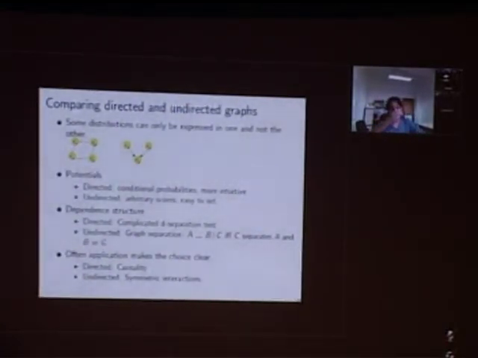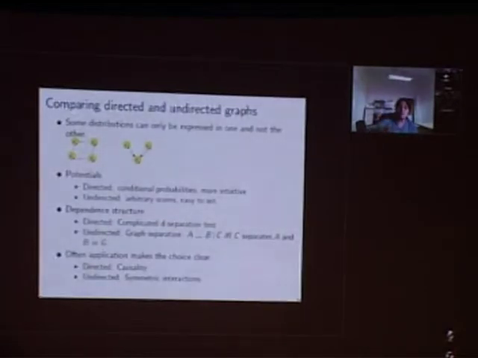For example, if I have a completely connected graph, I might still choose to define the potentials only over the edges of the graph. That is in fact very, very common. A very popular kind of undirected graphical model is what is called a pairwise graphical model. In a pairwise graphical model, you might have a fully connected graph, but you define the potentials only over the edges in the graph.